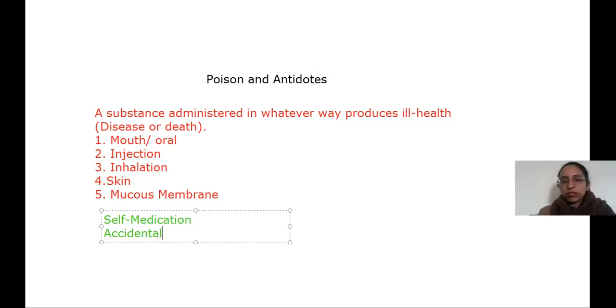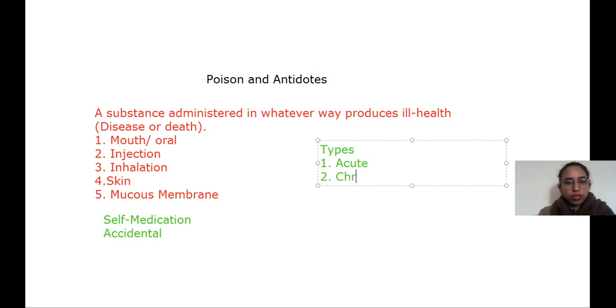Next, there are two types of poisoning. Now we will discuss the types of poisoning. Next is the types of poisoning. One is acute, the other is chronic.